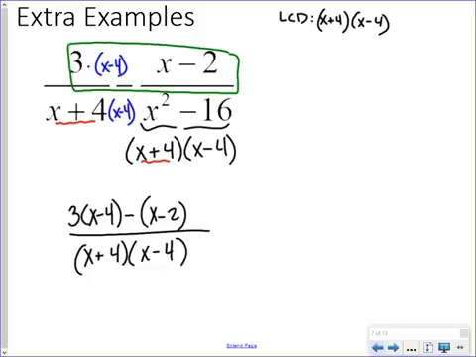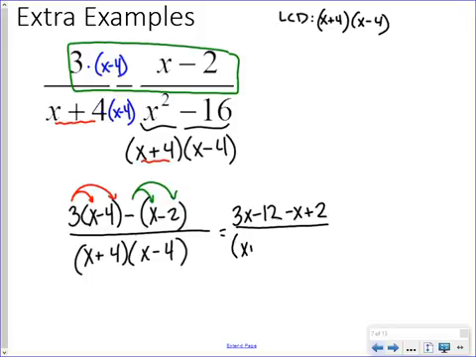So that's one of those things where we have to be really careful because we're going to distribute that negative. I'll go ahead and distribute the 3 to both terms, x minus 4, which leaves me with 3x minus 12. Now I'll distribute this negative, minus x, and then plus 2, all over x plus 4, x minus 4.